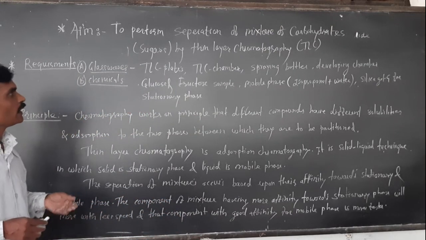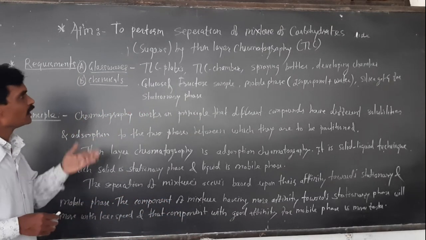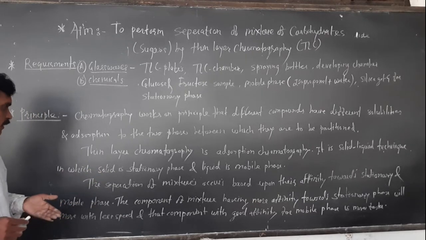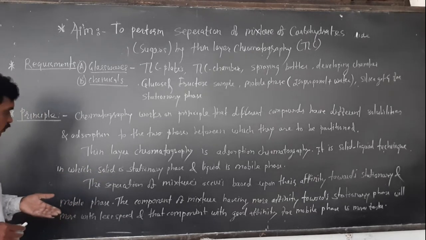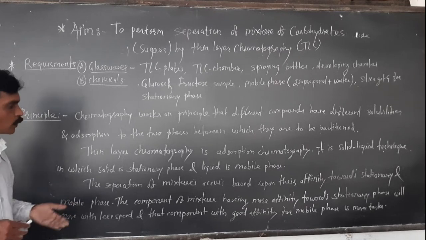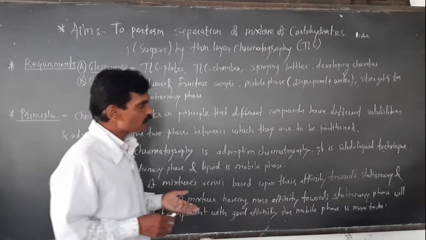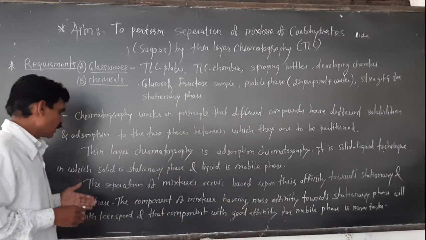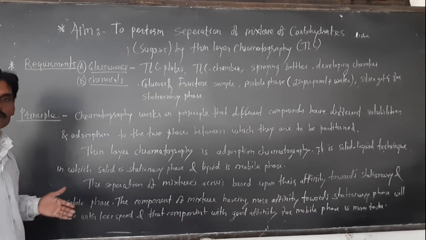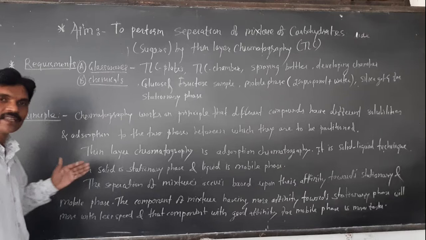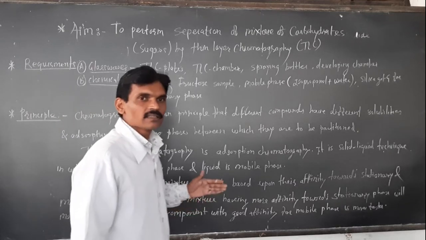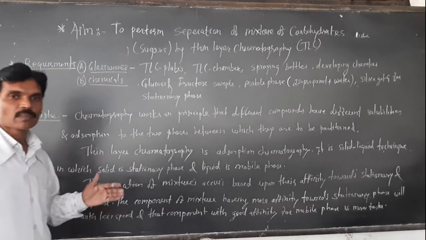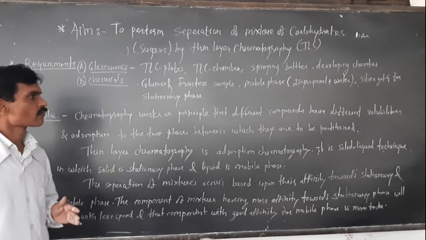So whenever we perform thin layer chromatography for a given sample mixture, those components having more affinity toward the stationary phase will move slowly on the thin layer chromatographic plate, while those components having more affinity toward the mobile phase will move faster on the TLC plate, and thereby the separation of the components takes place.